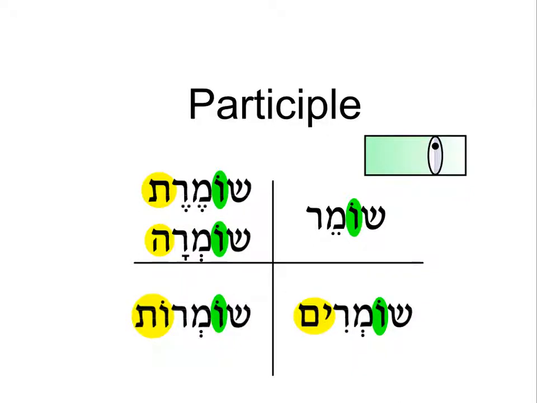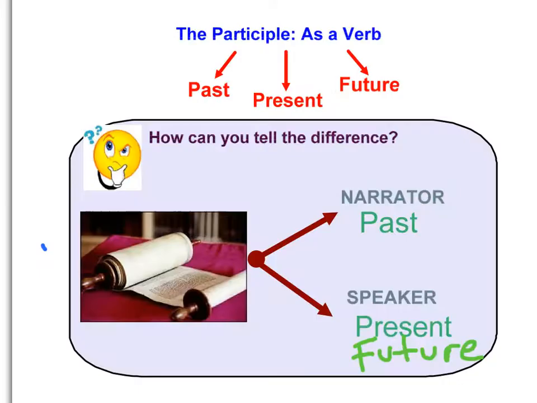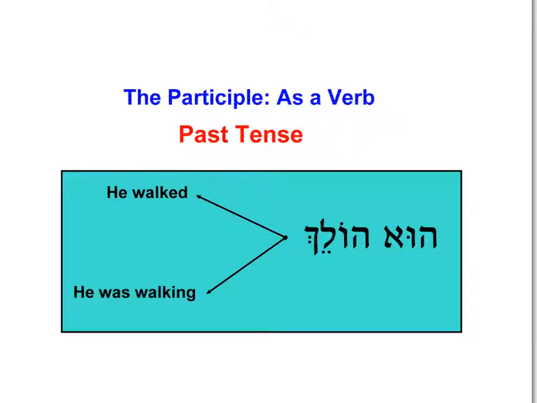So now let's explore how participles appear in the past tense. Here's a quick review of what we've seen before: when I have a narrator narrating a story, and I have a participle in that story, I'm going to translate that participle in past tense. Conversely, if I have a speaker speaking in a story, most of the time it's going to be present or future tense.